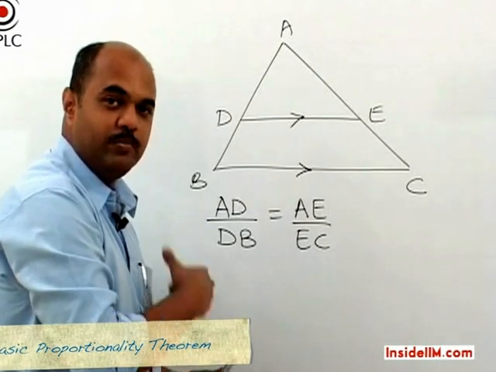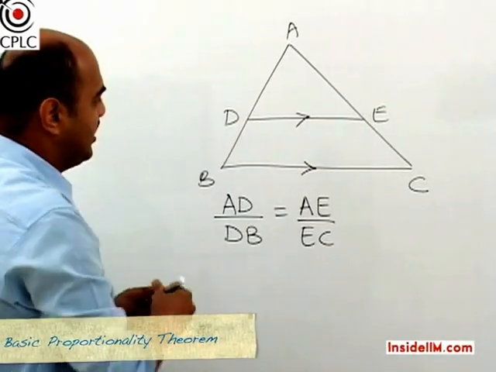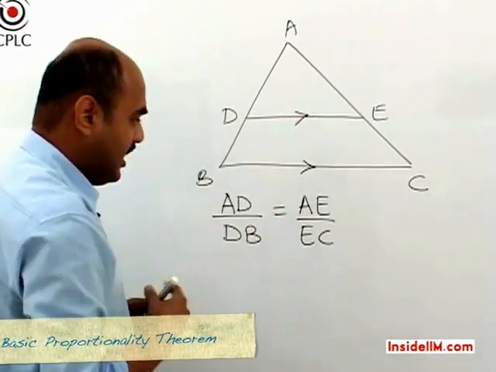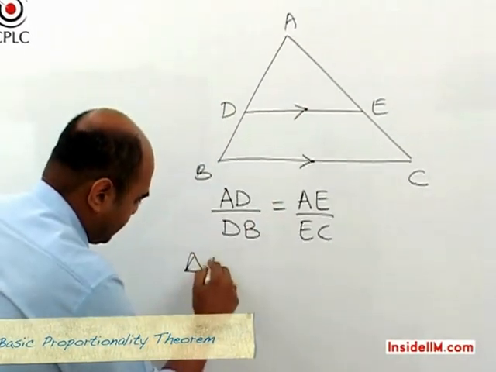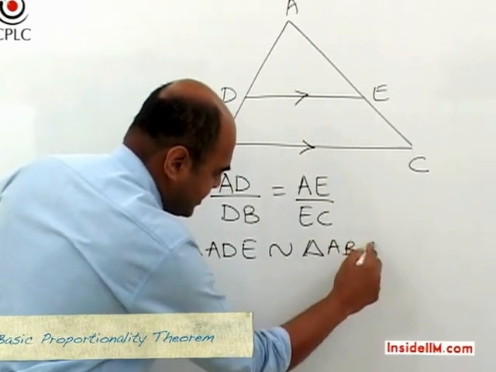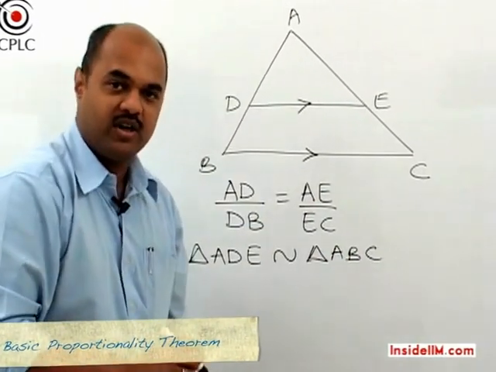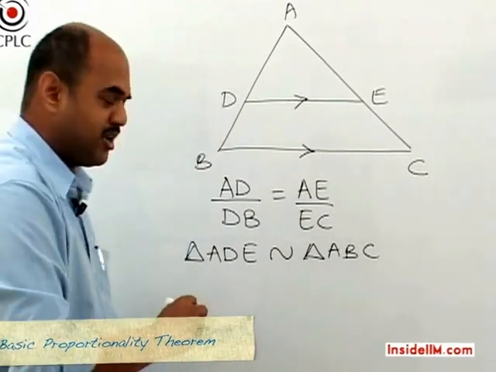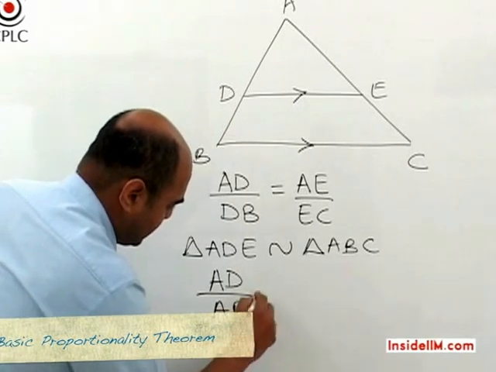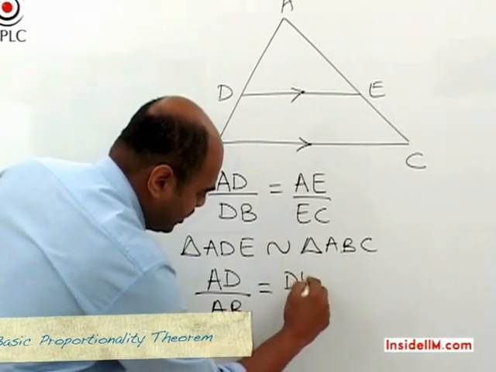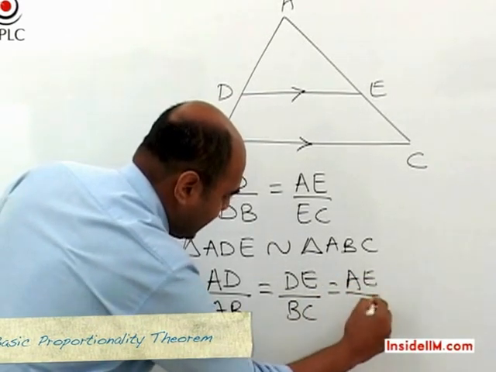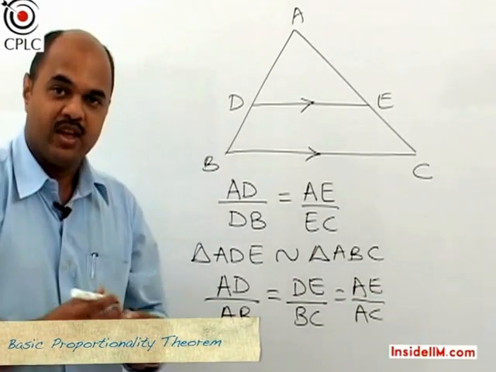But if we want to go beyond and say that triangle ADE is similar to triangle ABC, and we write the corresponding sides in the same ratio, then we would get AD upon AB is equal to DE upon BC, which is equal to AE upon AC.